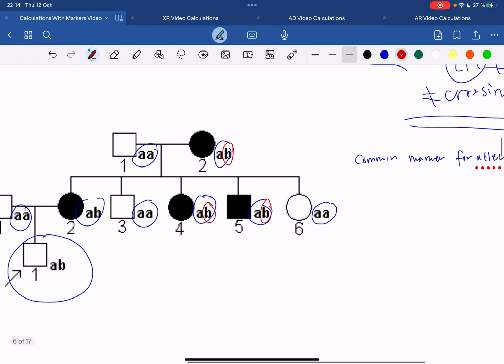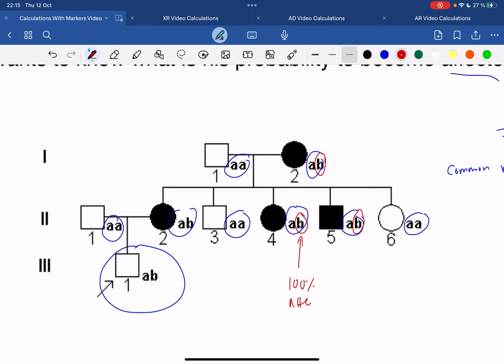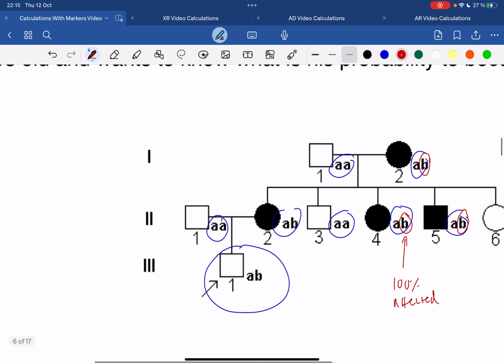Because there is no centimorgan mentioned, meaning there's no crossing over, if you have this B, 100% of the time you will be affected. Here this person unfortunately has this B, so he will be 100% affected, or a carrier at least. And that is it for question 3.